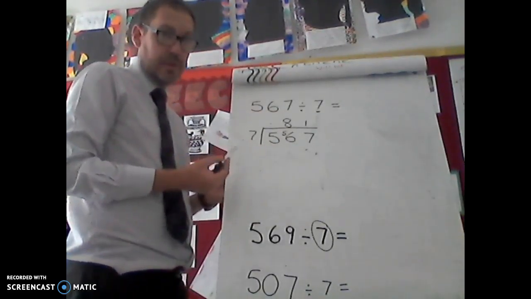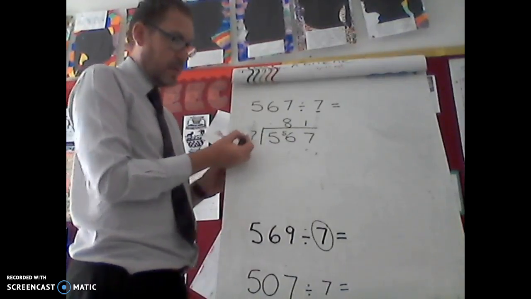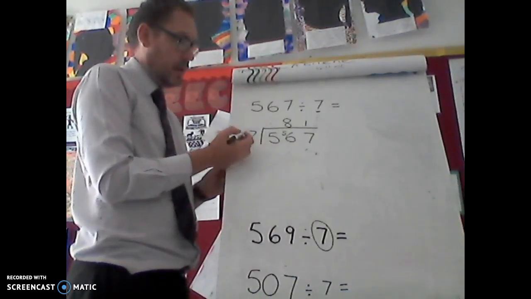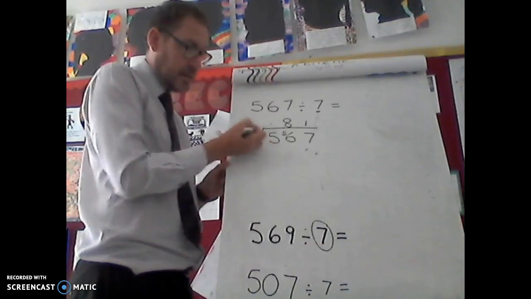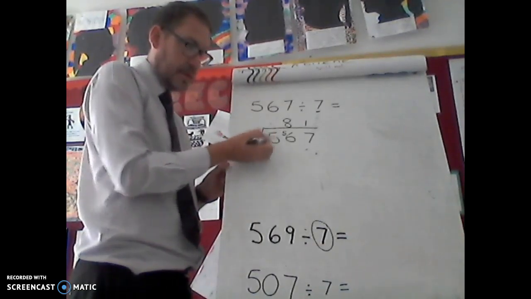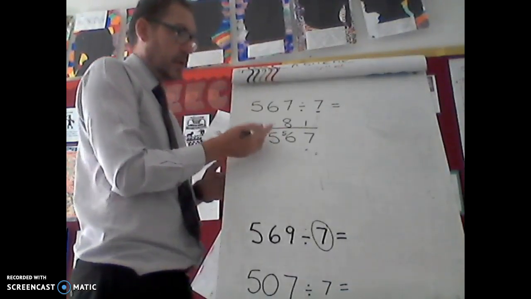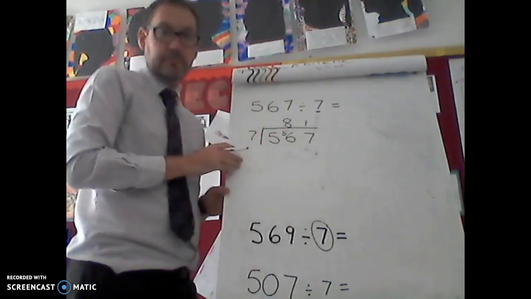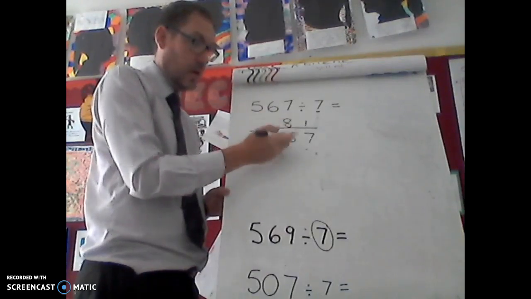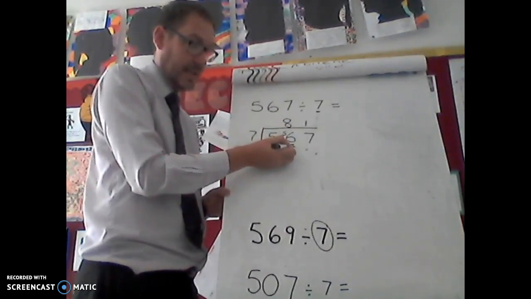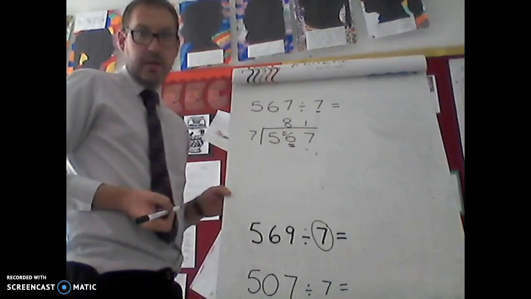Now the difference between this one and the last one is that when we first started off our problem, I couldn't fit that 7 into this 5, remembering that that's actually really worth 500. So I had to bring it over to the 60 over here. Okay?